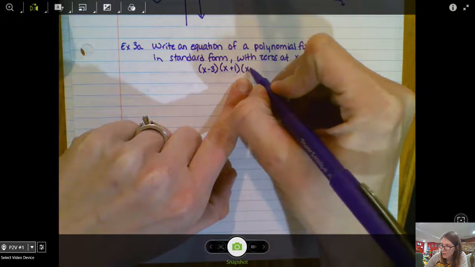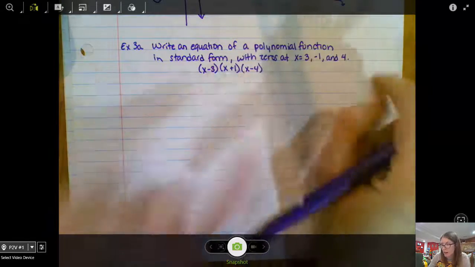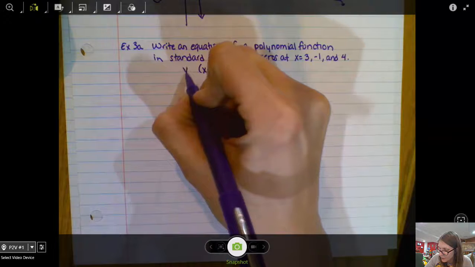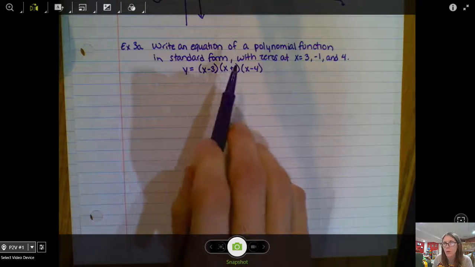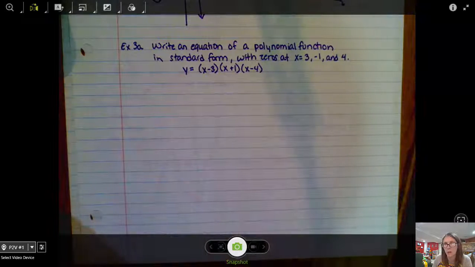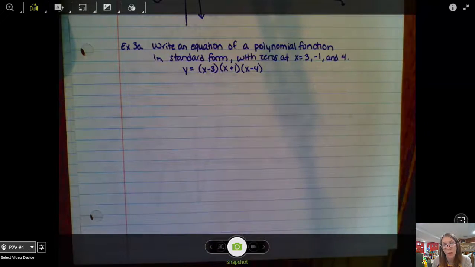This guy is going to have to be x minus 4 because 4 minus 4 is 0. So I take my 3 zeros, write the factors that go along, and this is an equation of a polynomial.